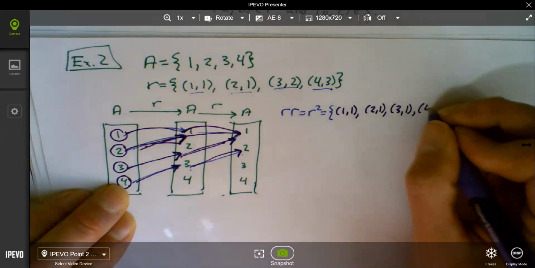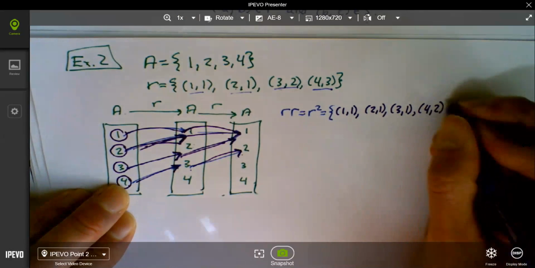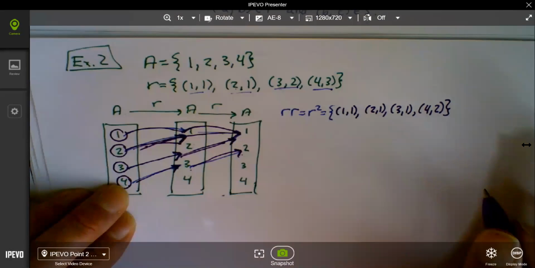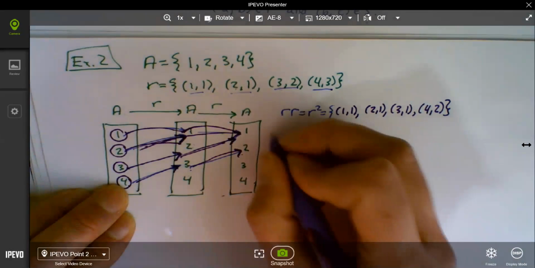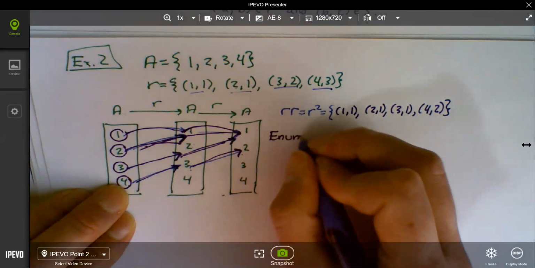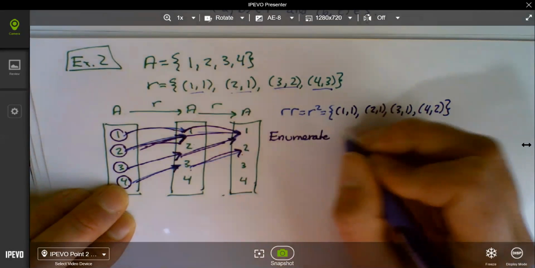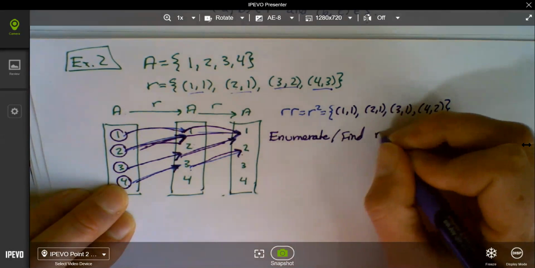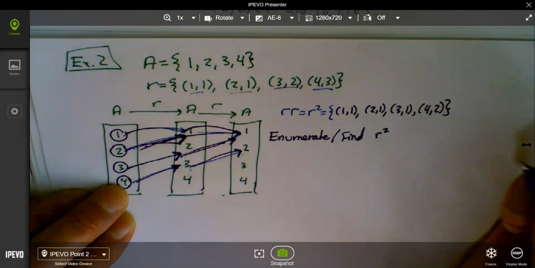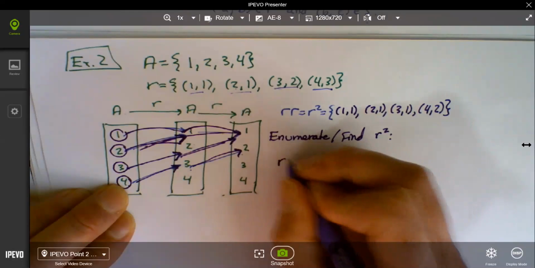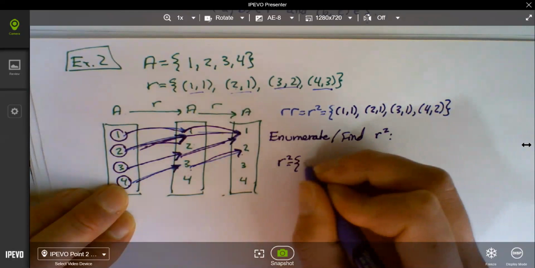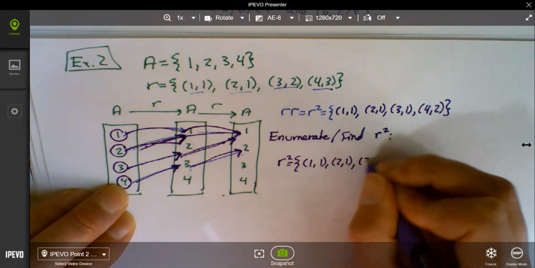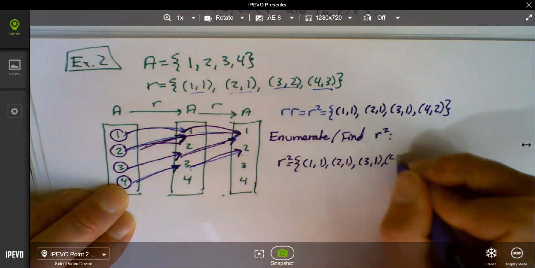So (4, 2) is an element in R composed with R. So for my final answer, if the question was to enumerate or find R squared, meaning R composed with R, your answer would be R squared equals the set containing (1, 1), (2, 1), (3, 1), (4, 2).